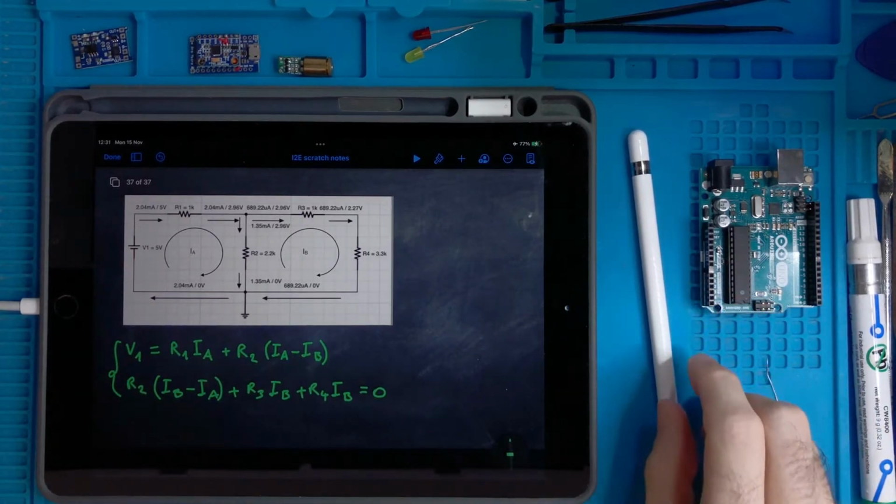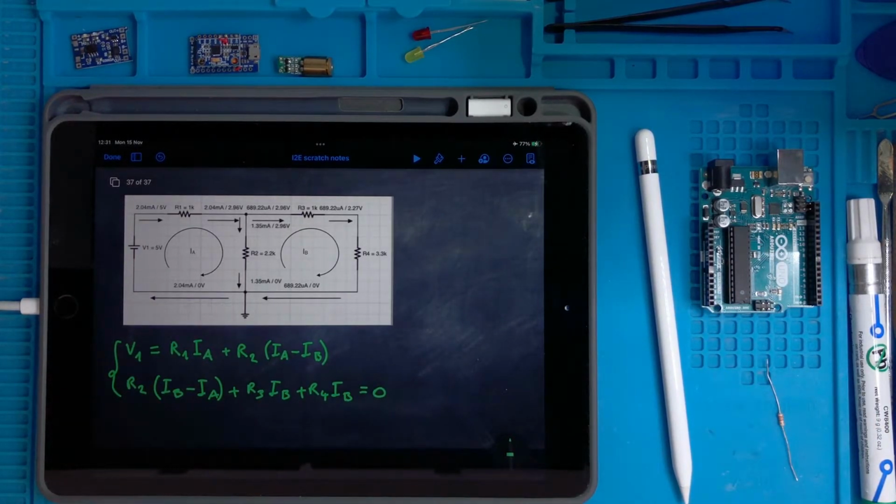And those two things make a so-called system of simultaneous equations that we have to solve for the currents IA and IB.